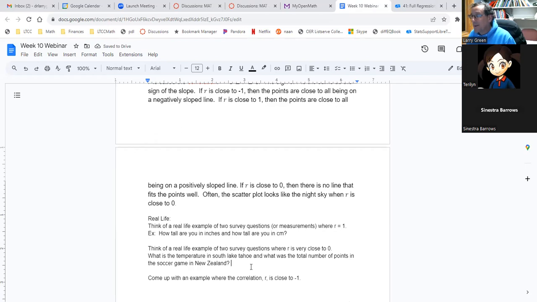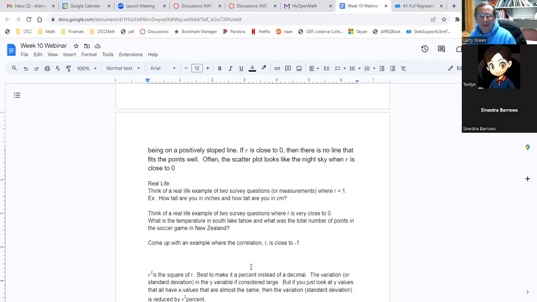If you know the temperature in South Lake Tahoe, do you have any idea how many points the biggest high school in New Zealand is going to get in a soccer game? I can't even imagine there'd be any correlation between those two things. So that would be an R equals 0. Any questions on that?